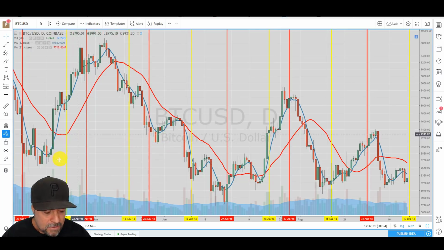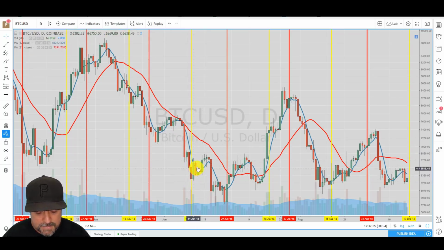So how does that affect price? Well, if we look at the yellow one, let's go back to April 18th, and you'll see price going down into the expiration and then back up. The following month, price goes down into the expiration and then it does bounce after that. Again, price falls into expiration and bounces.